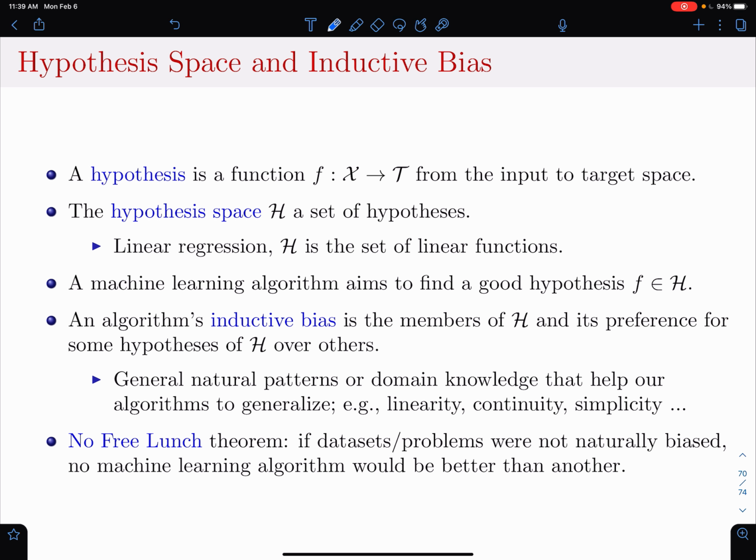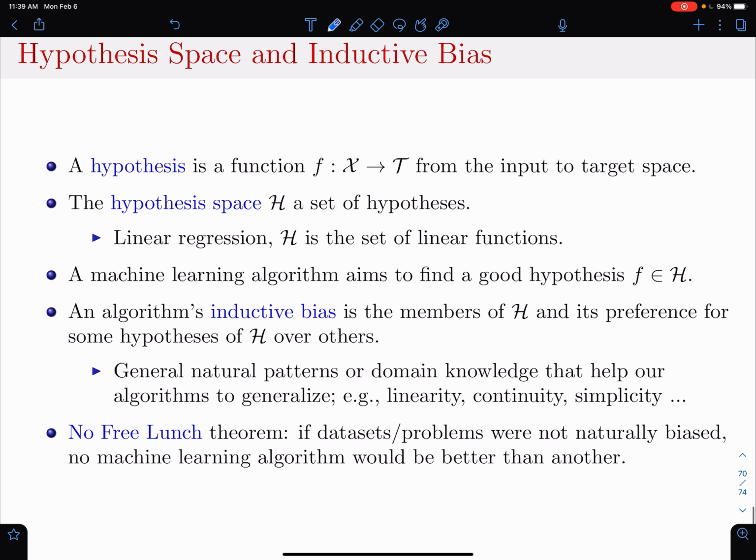And then the hypothesis space is all sets of functions that your model can represent. So for linear regression, we can potentially represent all linear models that are linear combinations of the features in n-dimensional space, right? And in general, the goal of the machine learning algorithm is to find a good hypothesis F.